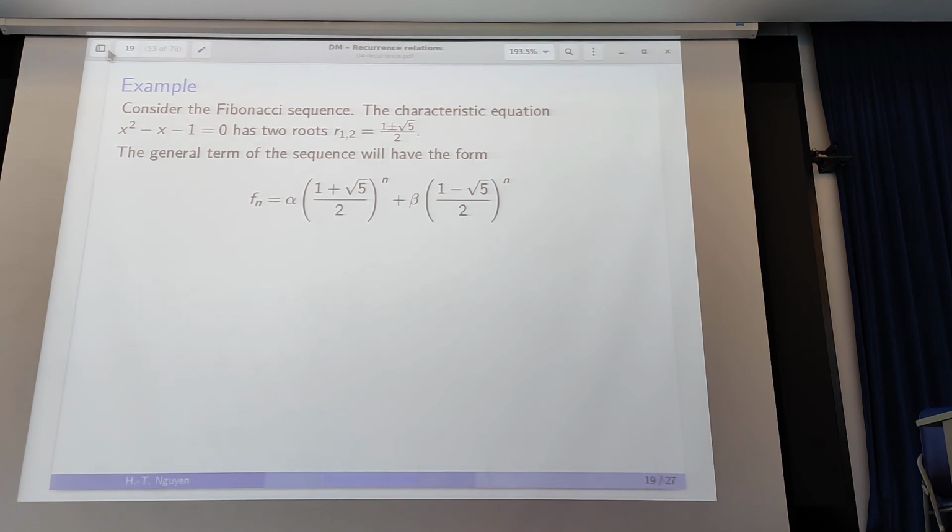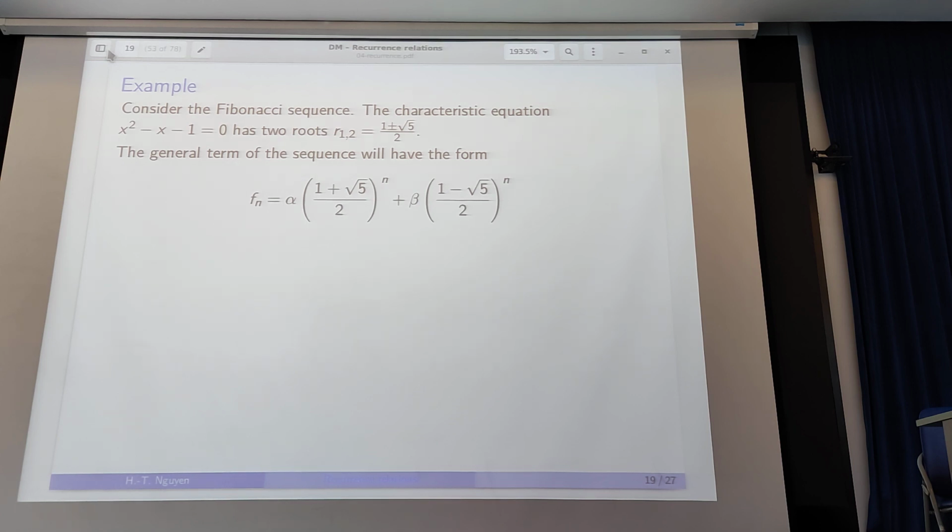If you replace n here with 0, then f0, according to this formula, is equal to alpha plus beta, because any number to the power 0 is equal to 1.